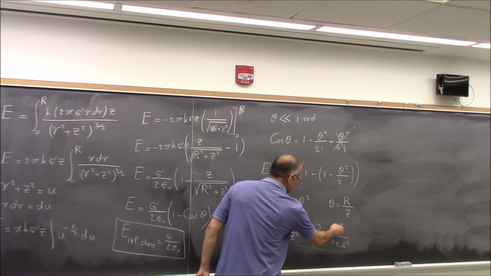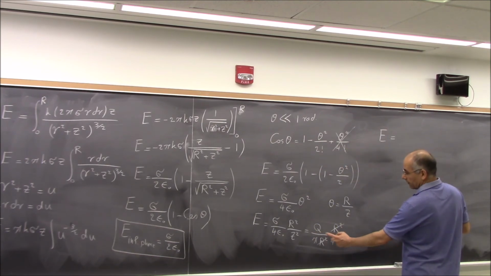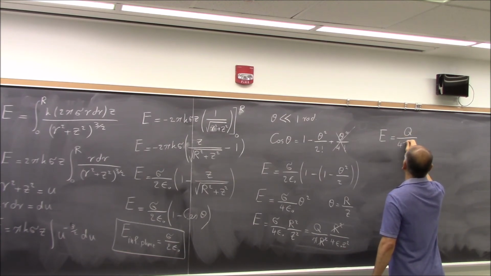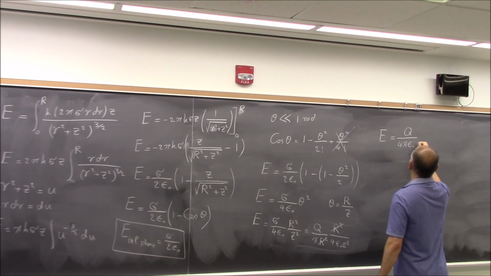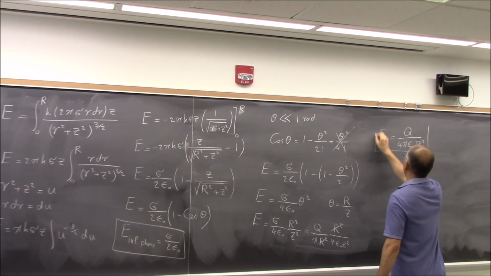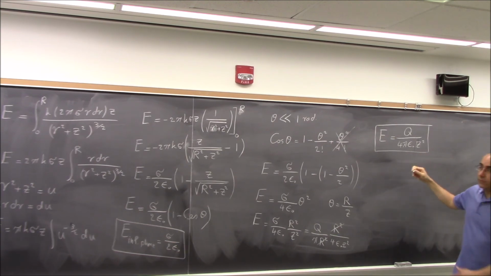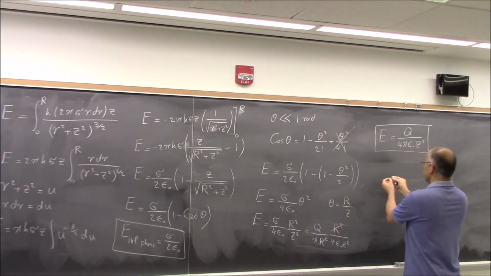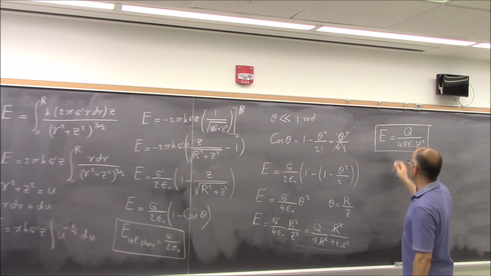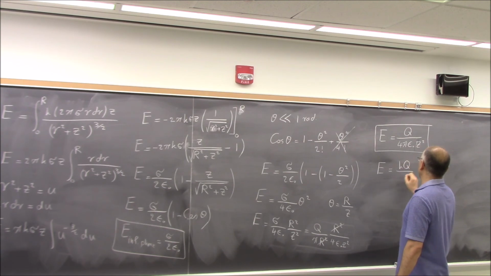You see r squared cancels, and then E becomes Q over 4 pi epsilon naught z squared, which is the electric field of a point charge at distance z. So if we shrink this to a point at distance z, it has the electric field of a point charge, as expected. Or you can write it in terms of k as kQ over z squared.